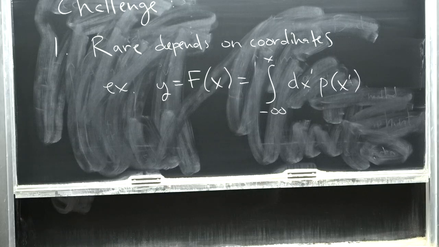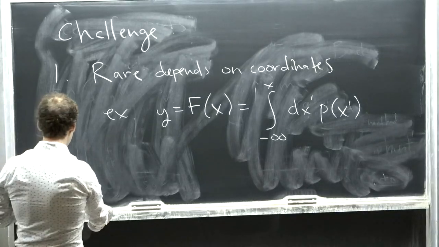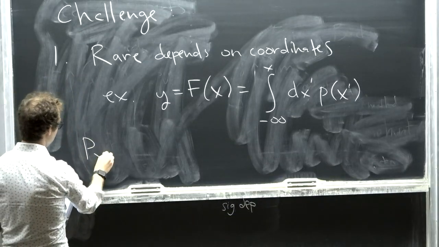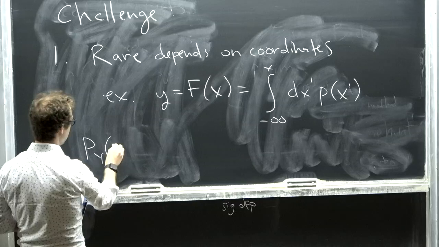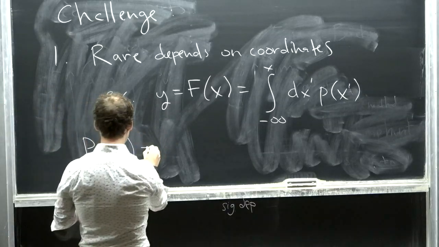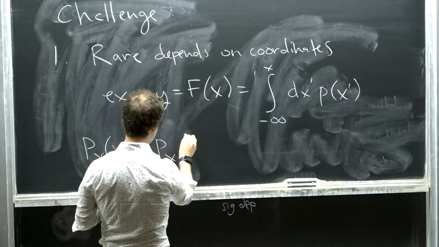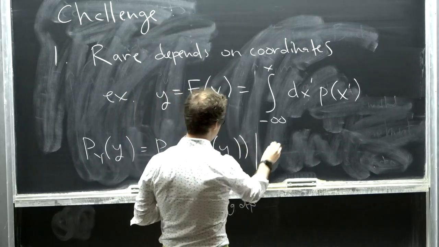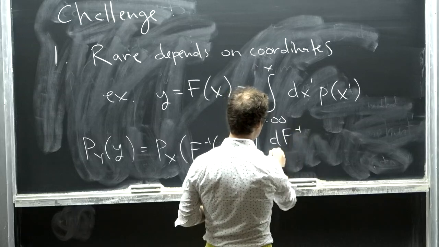It's called the cumulative distribution function, but it doesn't really matter what it's called. I just make this integral transformation. Then the question is, what is the distribution of y? So p of y, I can just follow the change of variables formula. This is equal to p of x, f inverse of y, times df inverse dy.